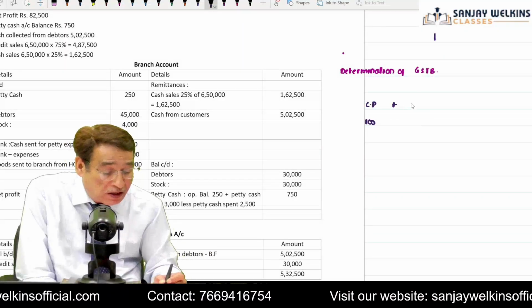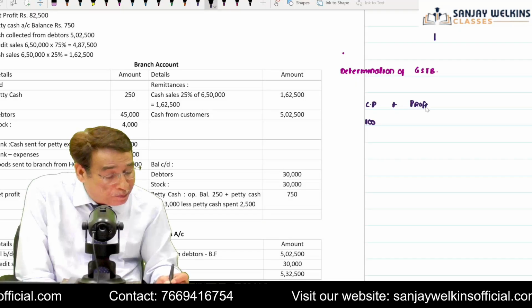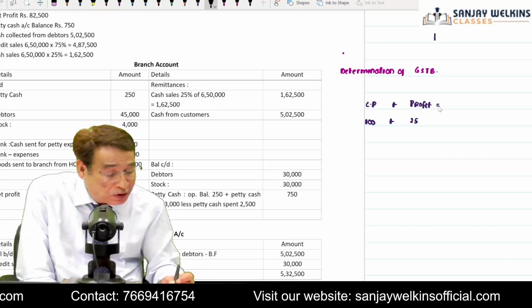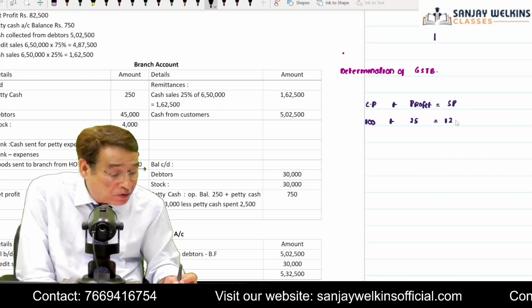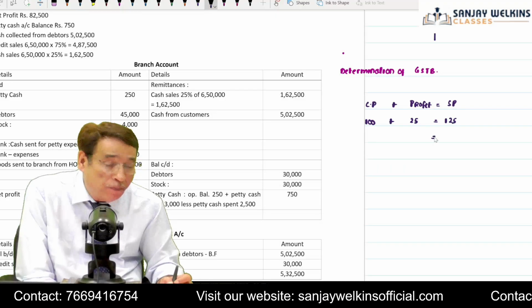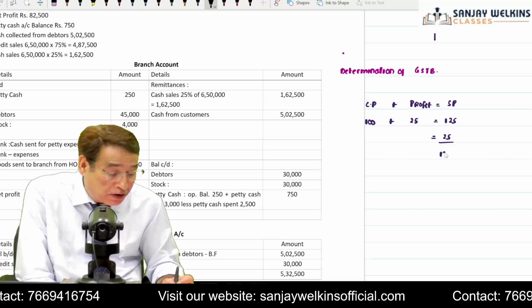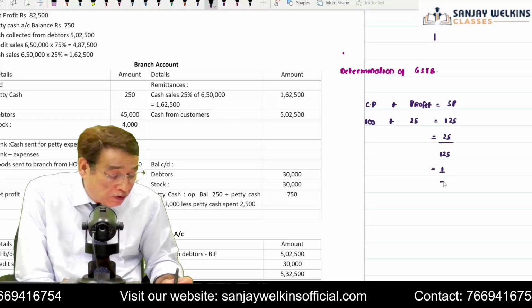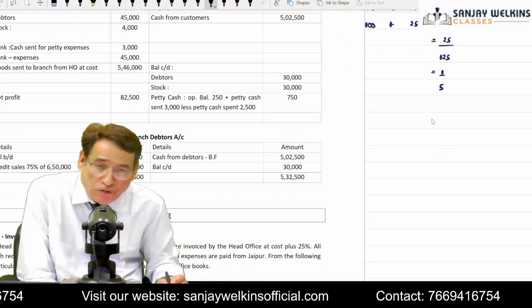So if cost is 100, we may say that profit is equal to 25. So indirectly it means branch is going to sell the goods at a price of 125. Now, similar to the last question, you keep the profit in the numerator, and in the denominator you write selling price. By doing so, you have calculated rate of profit on selling price. Is it clear to you? Rate of profit on selling price is 1/5.